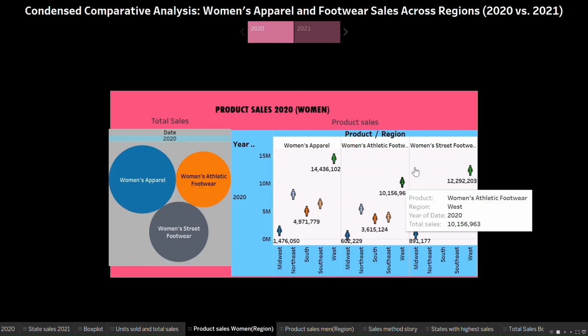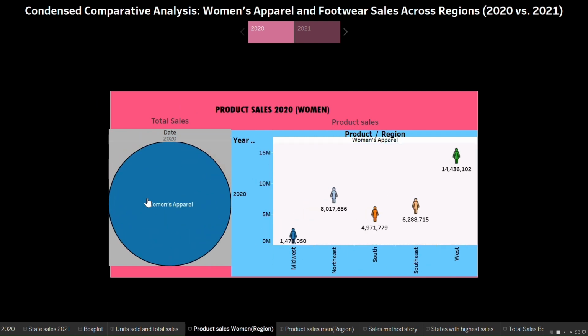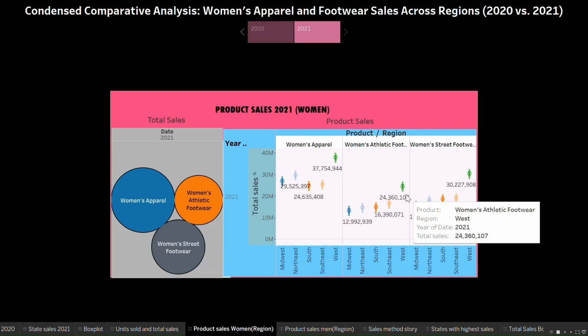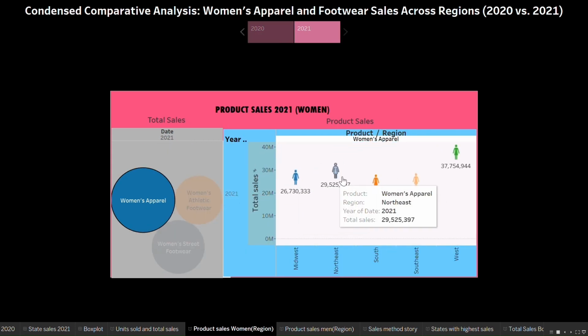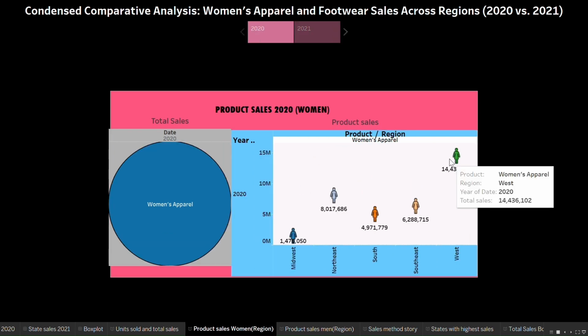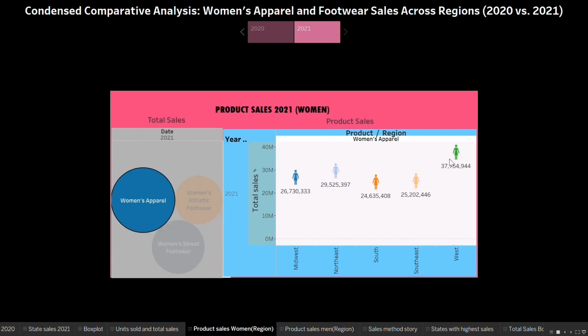With this data, when I click, let's say, women's apparel, it will just give me the data for women's apparel: Midwest, Northeast, South, Southeast, and then West. When we look at this data and come to 2021 and compare, we can see the difference in figures between the two.